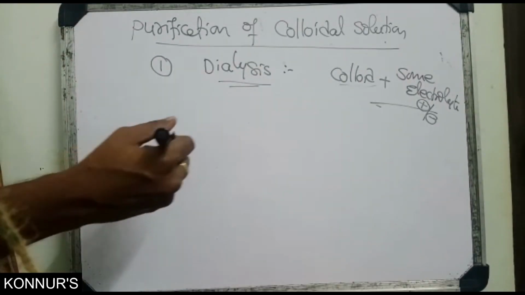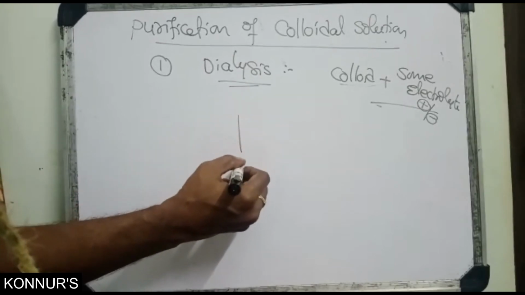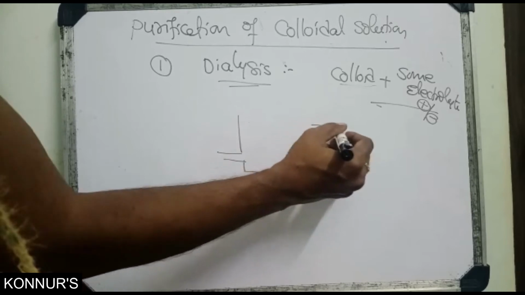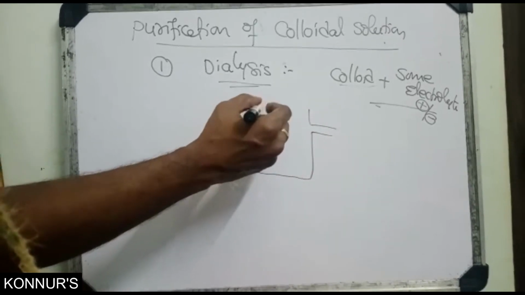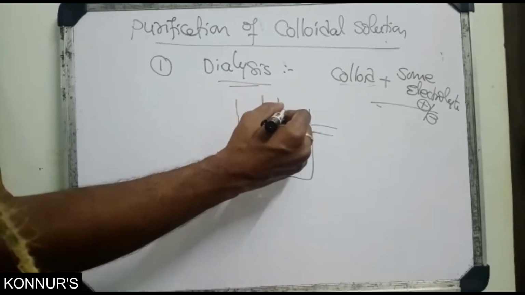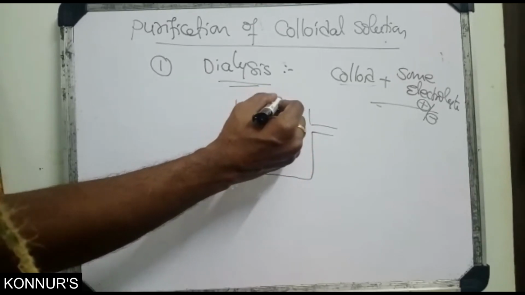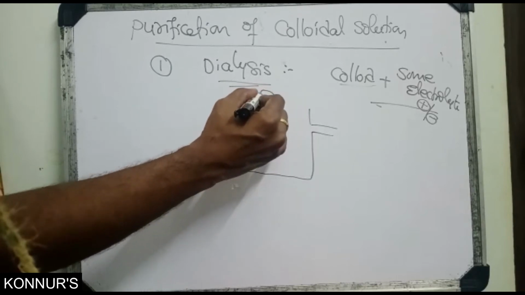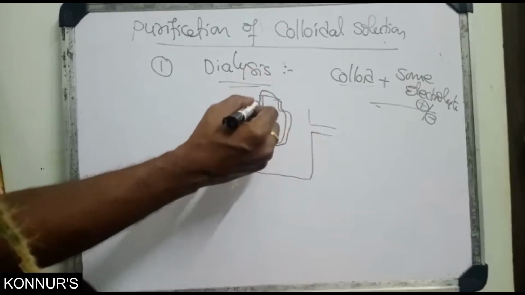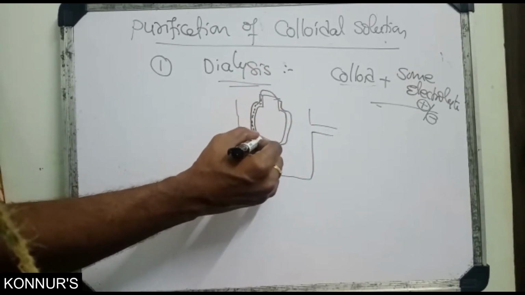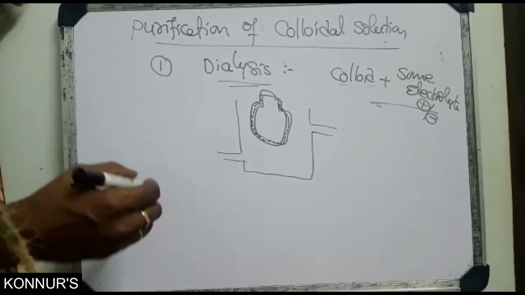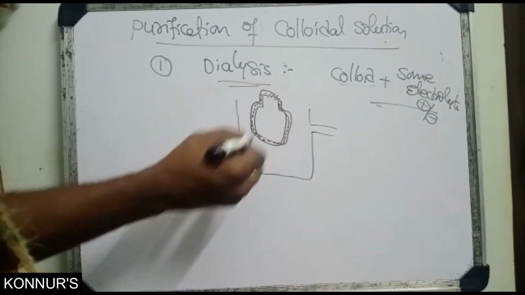So in dialysis we take a beaker. In this we take one middle chamber that contains a porous membrane. From this membrane only electrolyte and solvent particles move outside.